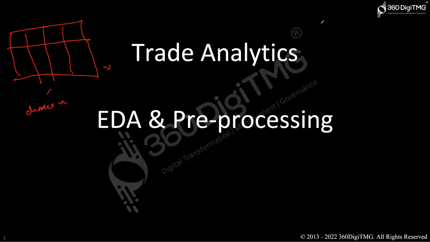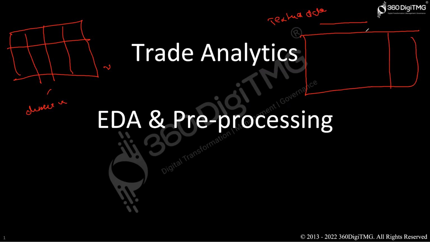But when your data is textual data, like paragraphs of documentation, that's what we use the NLP concept for. In the NLP concept, you have data pre-processing called textual data pre-processing.